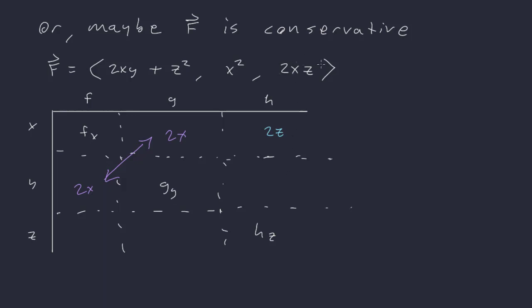Then g sub y we can ignore. Then h sub y is 0. Then we'll do f sub z. Well, f sub z is 2z. So there we go. And then finally g sub z will be 0. So f is conservative.